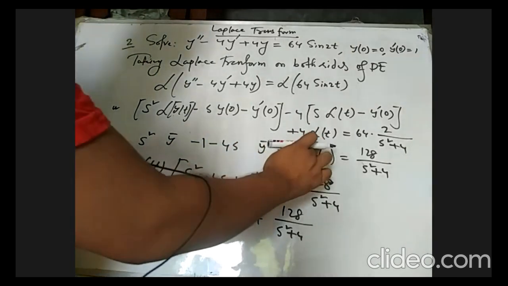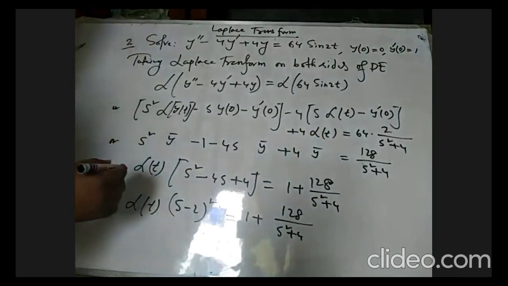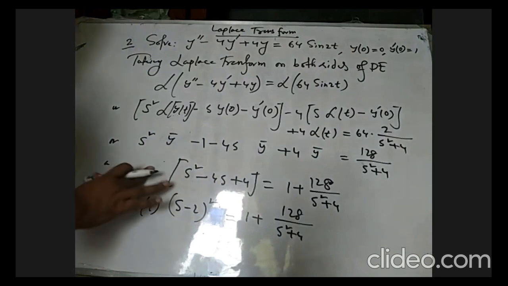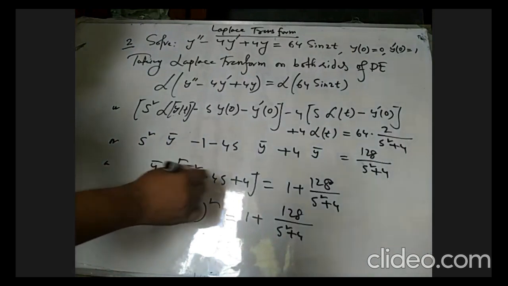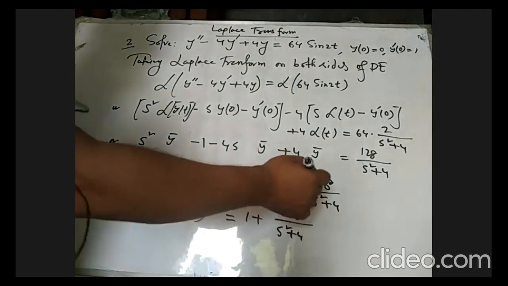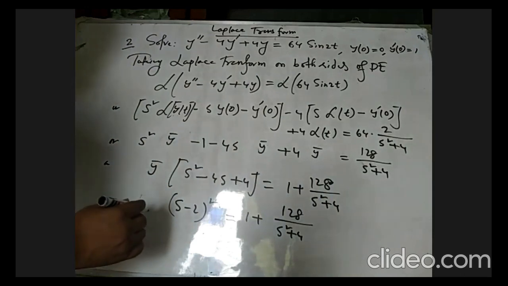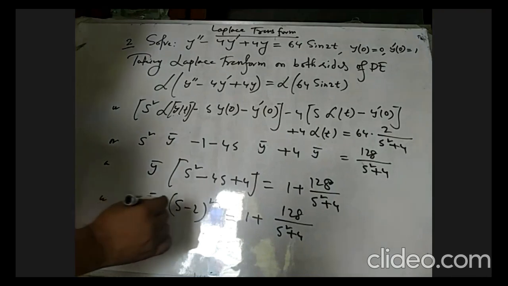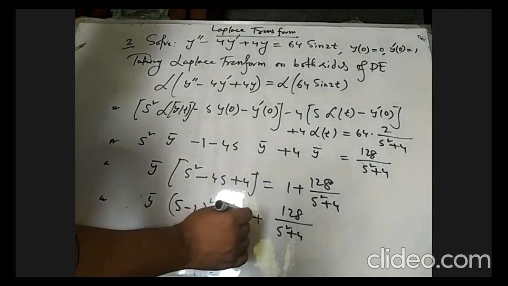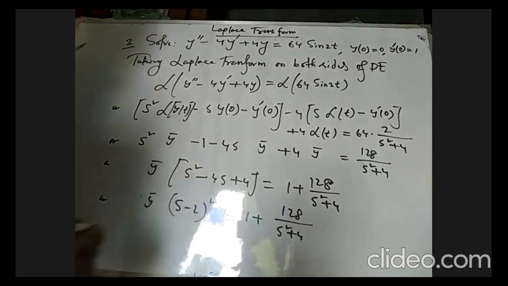Then we can write like this. Just take y bar common: s square minus 4s plus 4, divided by it, equals this. So y bar equals 1 by s minus 2 whole square plus 128 divided by 5 s square plus 4.